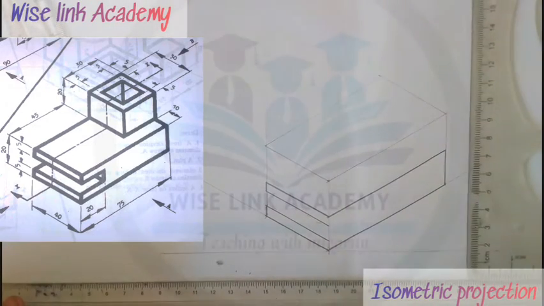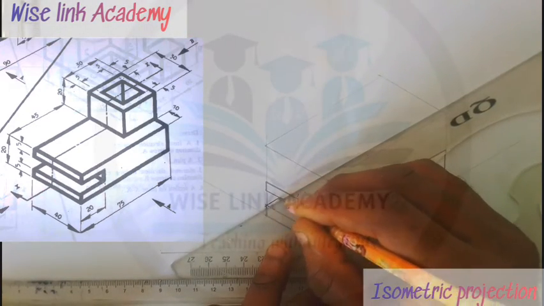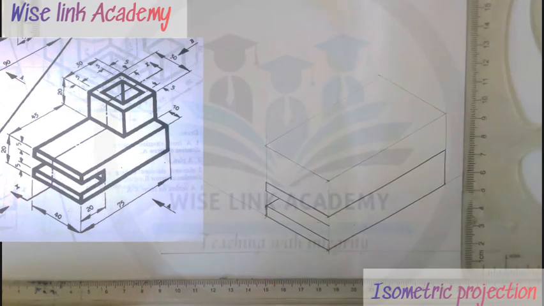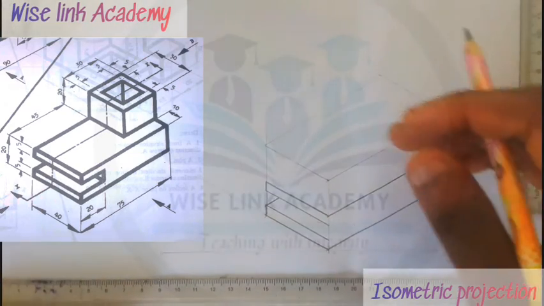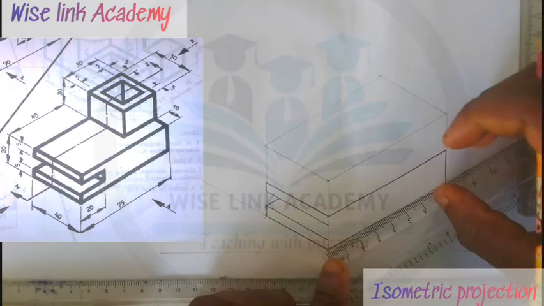So what's my next task? Obviously, I will take this part here inward, this place, inward. So I have this. Obviously, from here, I'm going to measure out 20. Right, from here, I'll measure out 20. So you can see my arrow.